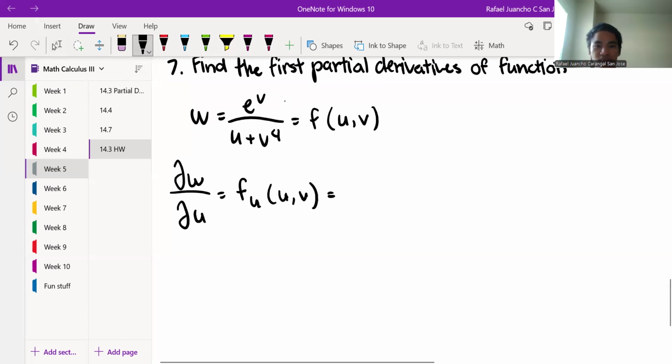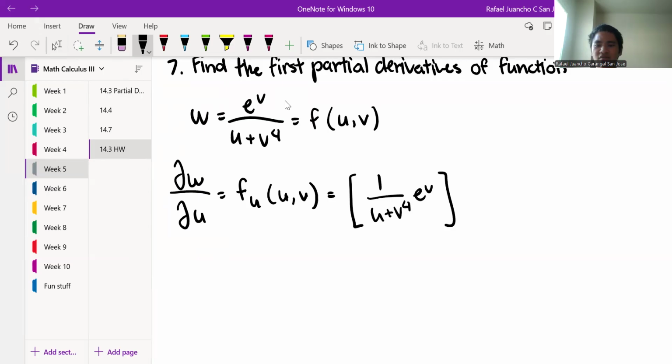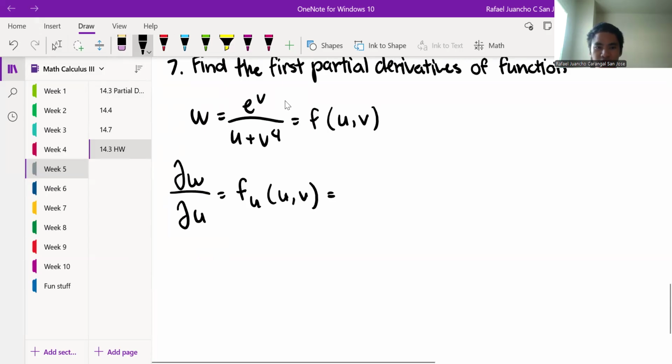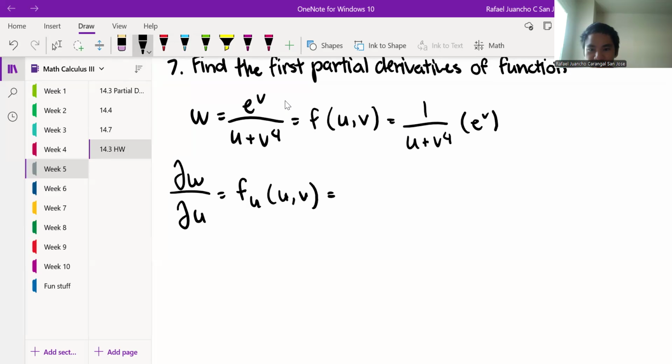I'm gonna turn this thing into a product rule. So I'm gonna say I take the derivative of 1 over u plus v to the 4th, times e to the v. That way I have two products here. I could do that. And so let me just say a few things. U plus v to the 4th, I multiply it by e to the v. That's not a dot product. I meant for that to be a product, but that notation's stolen, so I'm gonna use that notation.